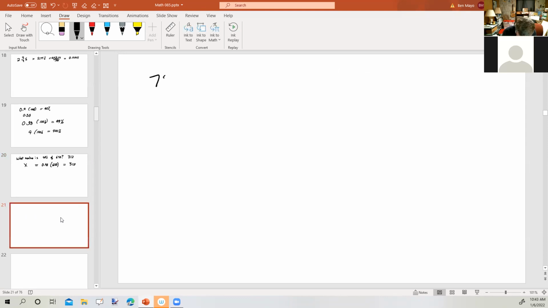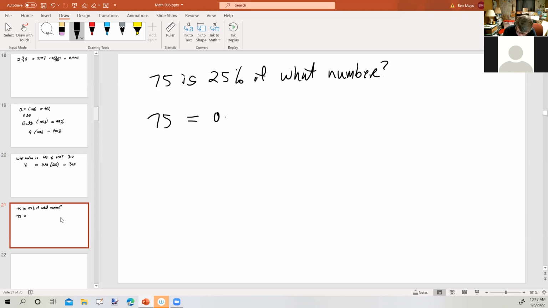This says 75 is 25% of what number? So 75 equals 0.25 times the unknown. Again, 75 becomes equals, 25% changed to a decimal number is 0.25. Of means times, and of what number times the unknown.